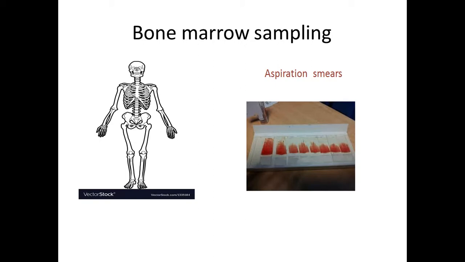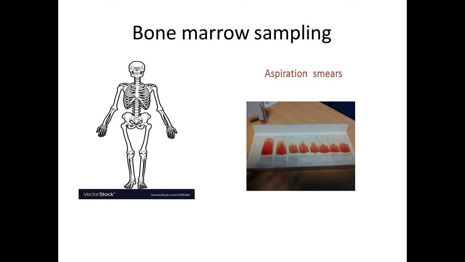Now, this bone marrow can be aspirated with a needle, spread on glass slides. They are stained and examined under microscope for any disease. So, this slide shows a human skeleton and bone marrow smears.